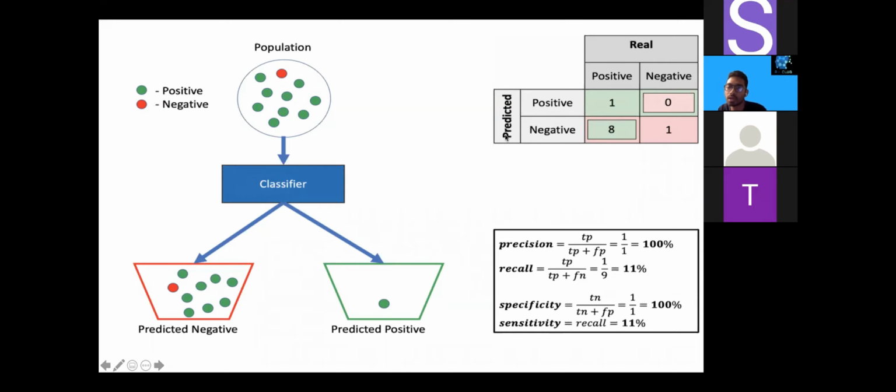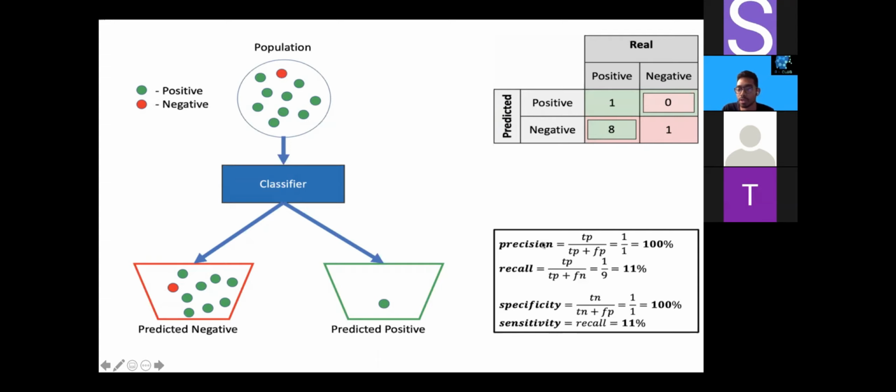Let's now look at where the model predicted negative, but actually it was positive. There are eight such values. All the green labels that you see here were wrongly classified by the classifier. So it's eight here. And then the model predicted negative, and the actual value was also negative. So that is one, which is the red one here. It was classified correctly.